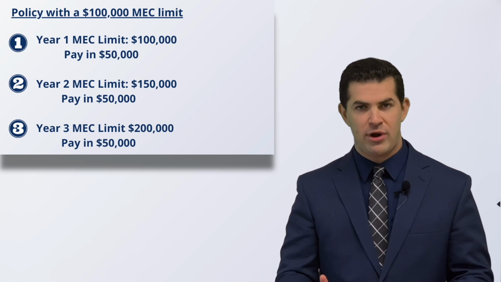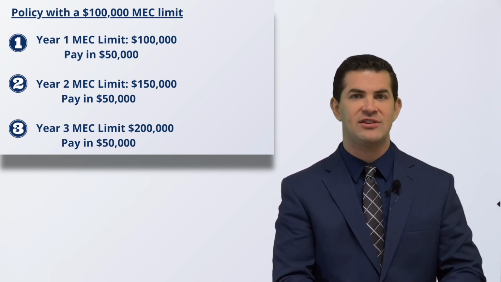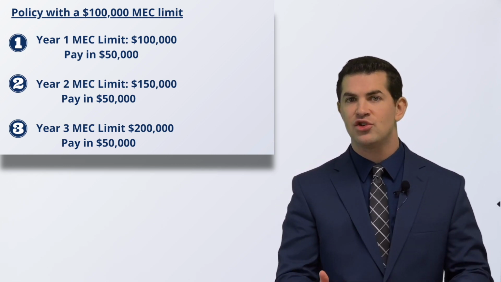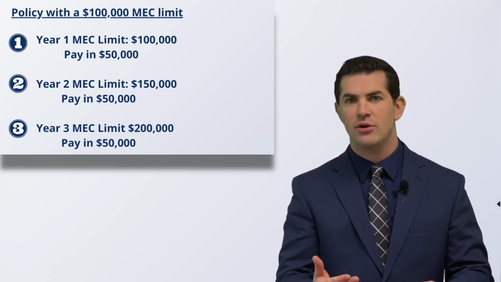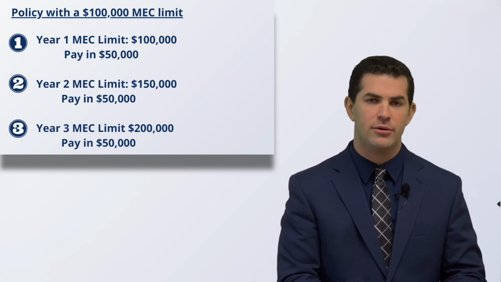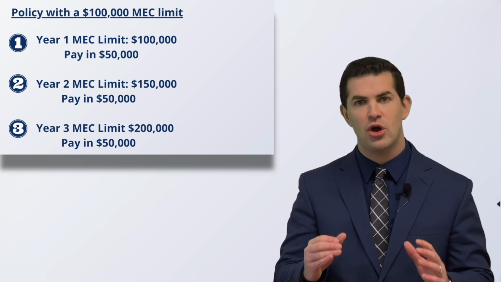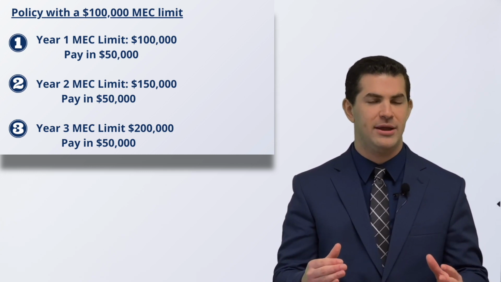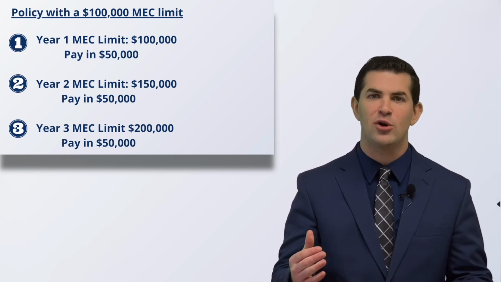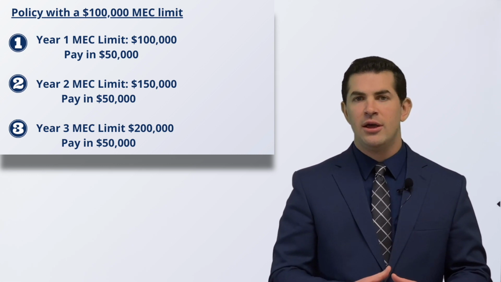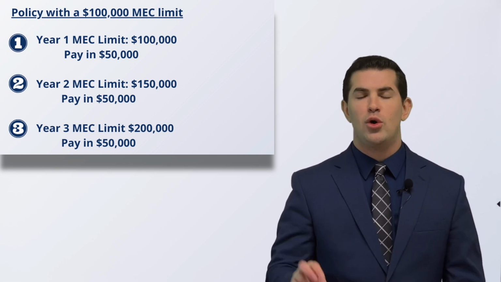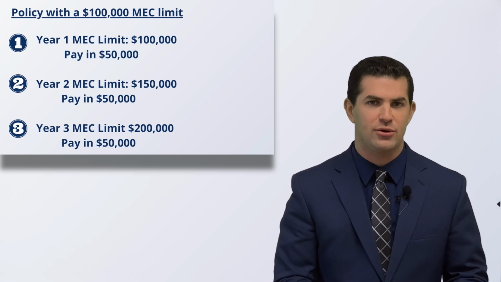Year two rolls around. My MEC limit resets at $100,000 plus any unused space from the prior year, which would be the $50,000. So my cumulative MEC limit for year two is $150,000. Let's say in year two, I again only pay in $50,000.